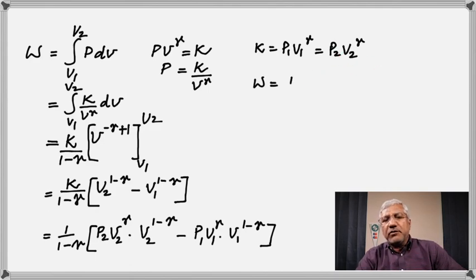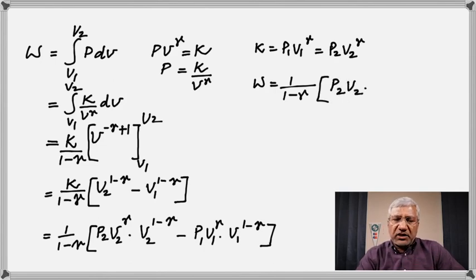Okay, let's continue. So now we have work is 1 by 1 minus gamma, and inside you see that V2 raised to negative gamma will cancel out with this, and likewise here V1 raised to negative gamma cancels out with this. So you're left with an excellent formula, which is 1 over 1 minus gamma times (P2 V2 minus P1 V1), which is used to find the work done during an adiabatic expansion.